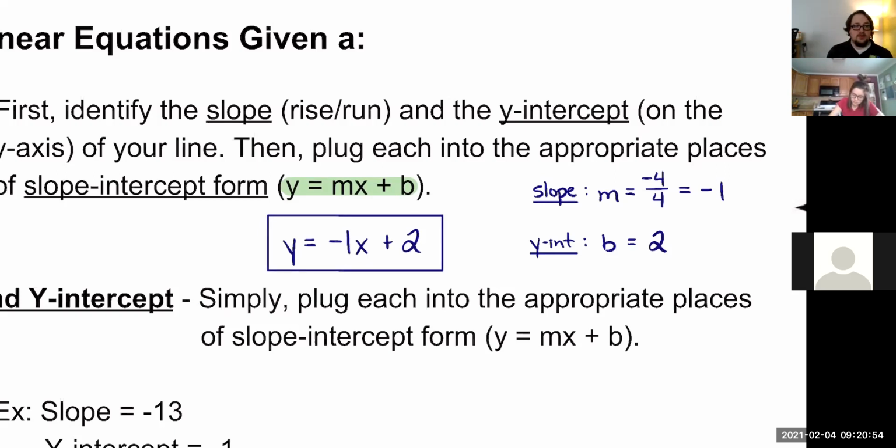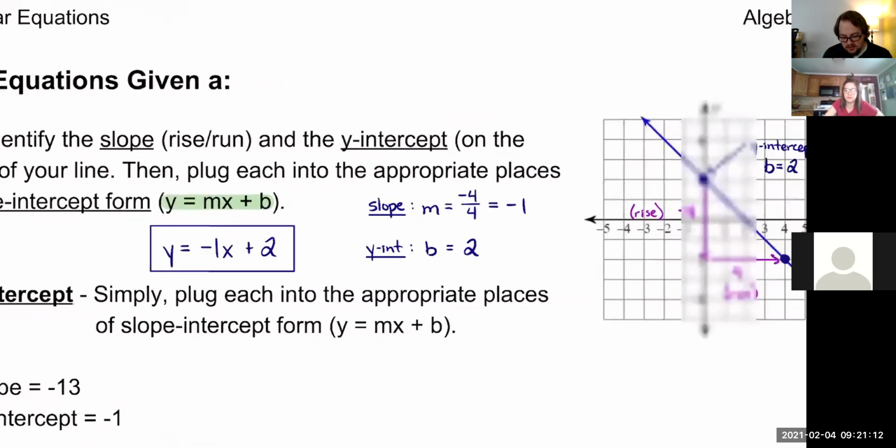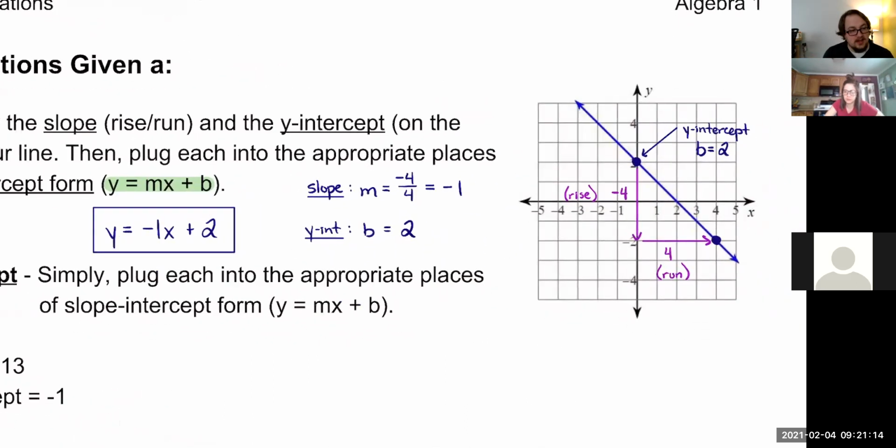So at this point, what would be useful is I could then send this equation to someone else who doesn't have the graph and say, here's the line I'm working with. And they could then, with just enough background knowledge of linear equations, graph the exact same line without even seeing the graph, because trying to describe what it looks like may work some of the time, but the equation will work all of the time.